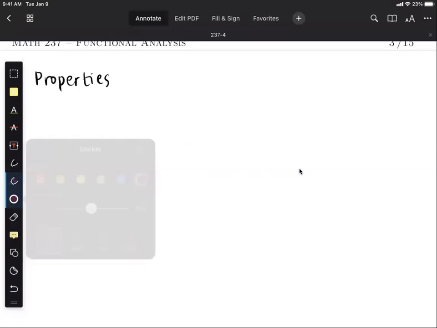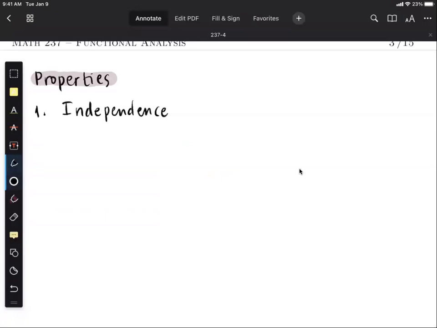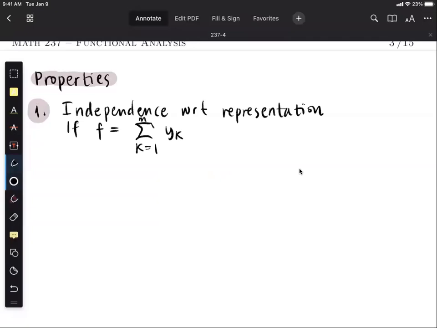So let us summarize these properties. The first one is independence with respect to the representation of the simple function. By this, we mean that if I have another representation of the simple function as a finite sum, let's say k from 1 to m, y sub k times the indicator function of A sub k.